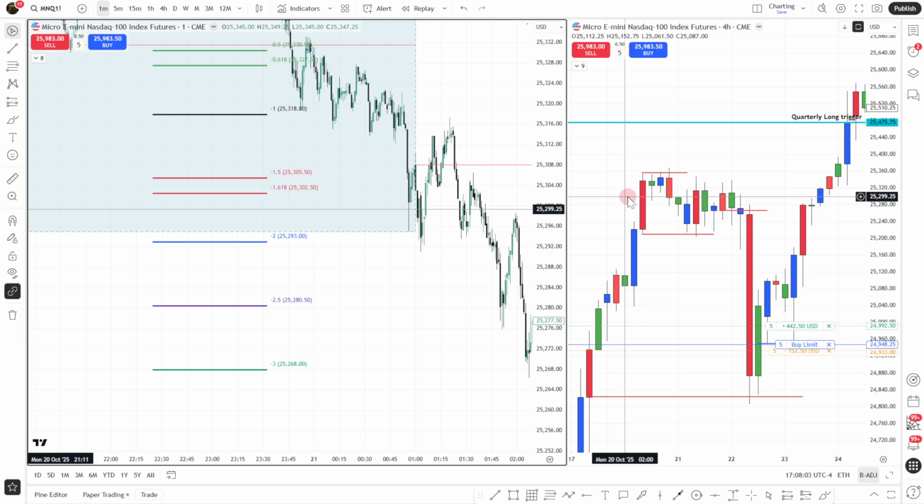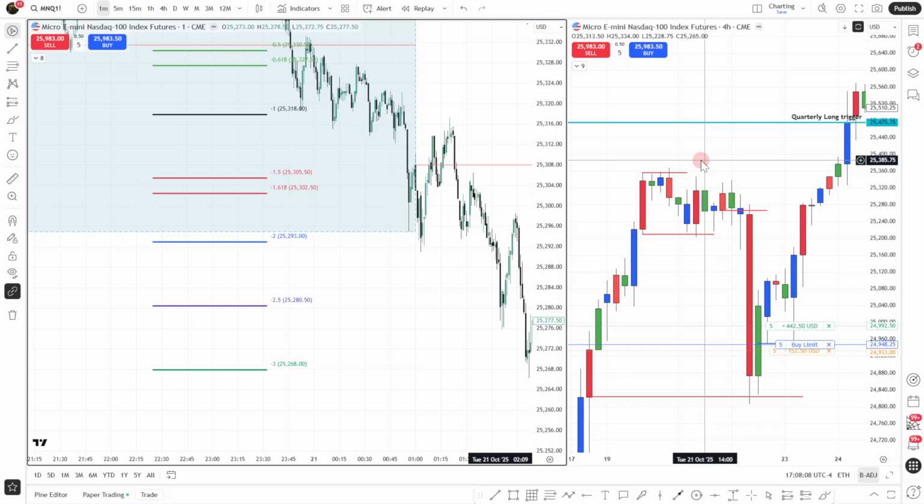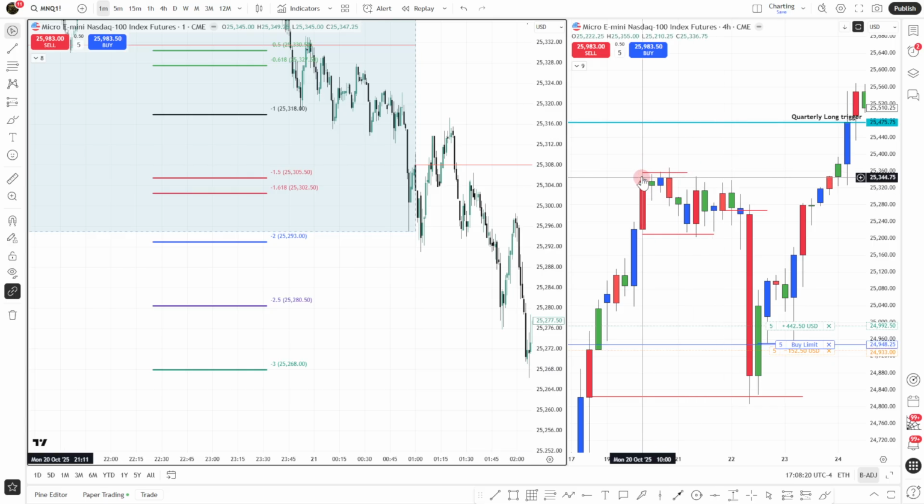Yeah, when the narrative supports that, and also, here we have kind of a stalling of price, right? We have candle bodies that are stalling.